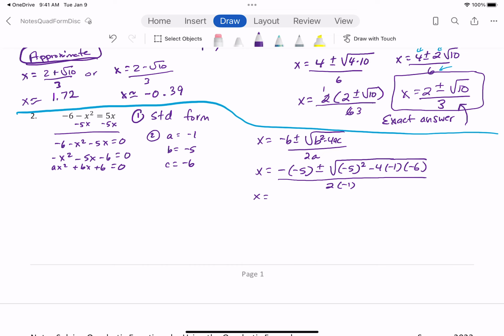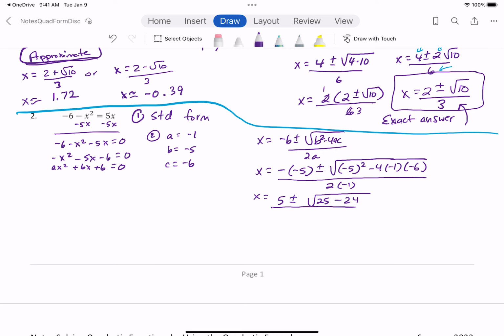Alright, so then we can start cleaning it up. A negative 1 times negative 5 is 5. If I square negative 5, I get 25. And then negative 4 times negative 1 times negative 6 is negative 24.